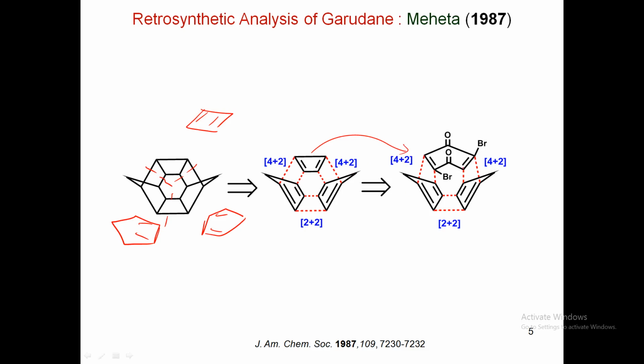So if we have this kind of thing, now this should be the diene, this is the dienophile, because it is electronically poor because of this type of keto group. So electrons are like this or this, so that's why this is electron poor and this is electron rich, so this should be a normal demand one. So that's how you want to bring the selectivity and make the reaction faster.